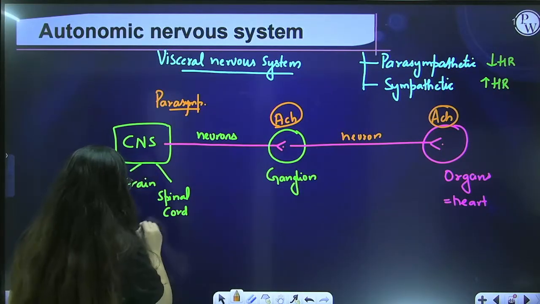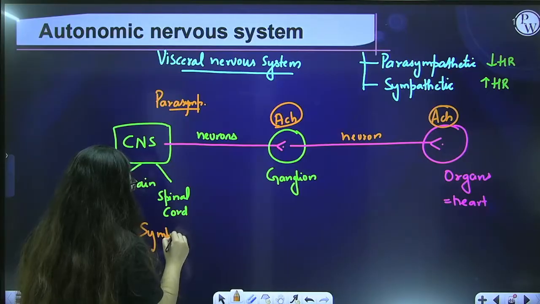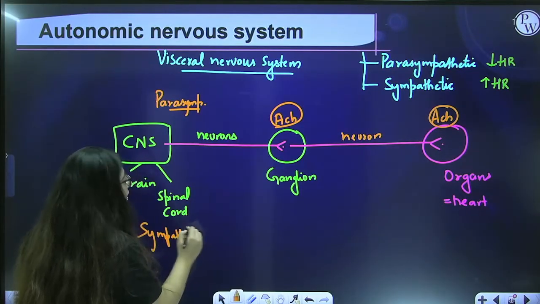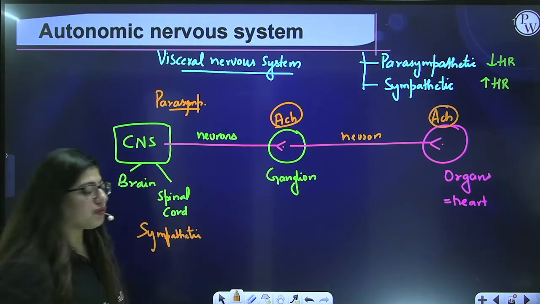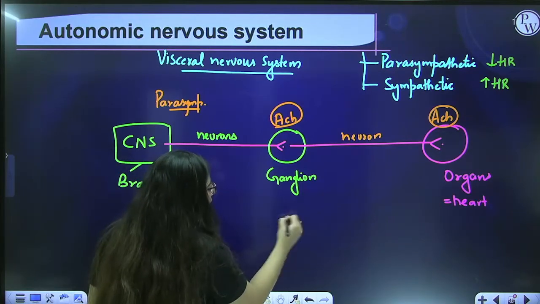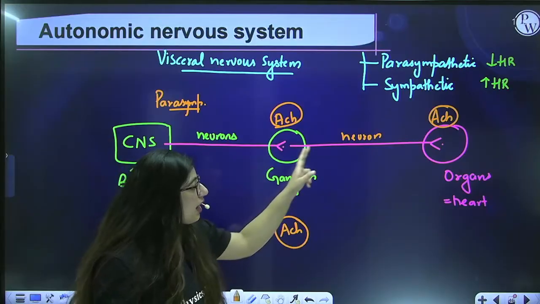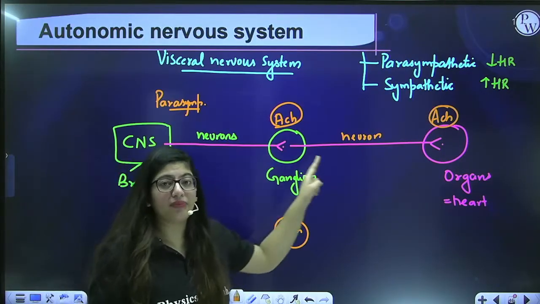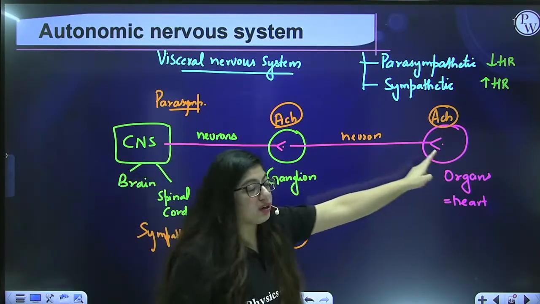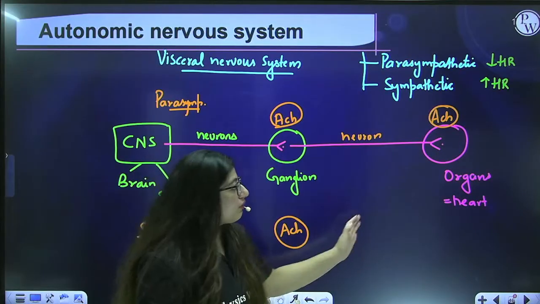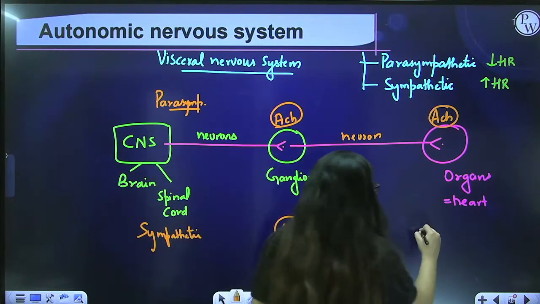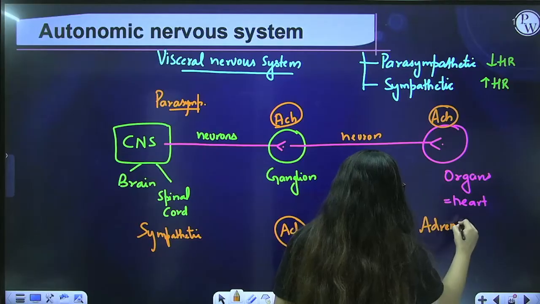Now imagine if these are the neurons of the sympathetic nervous system. The sympathetic nervous system's neuron will first of all release acetylcholine in the ganglion. After the release of acetylcholine, the information has been sent to the neuron, or the neuron has been excited. Now this neuron will send the information to the heart by the release of a neurotransmitter, that is adrenaline.